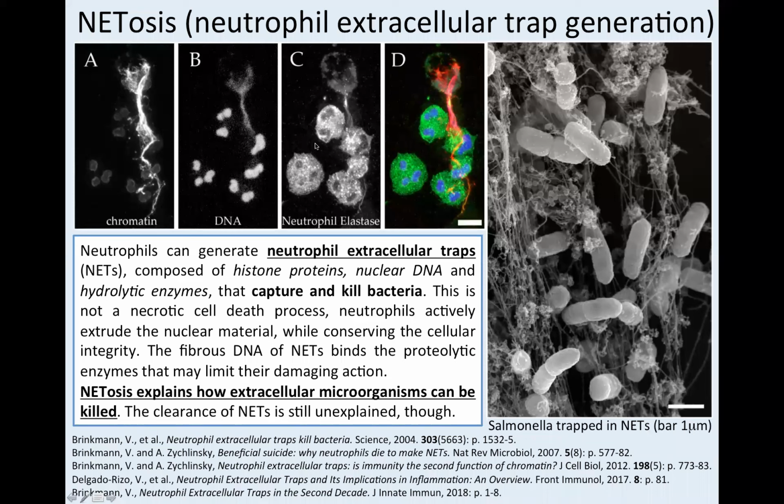This will also include the granule material, so the enzymes and toxic materials will be in this whole net formed by the DNA, and the bacteria will just attach to it and be killed by the enzymes. So that's the way neutrophils can get rid of extracellular microorganisms.